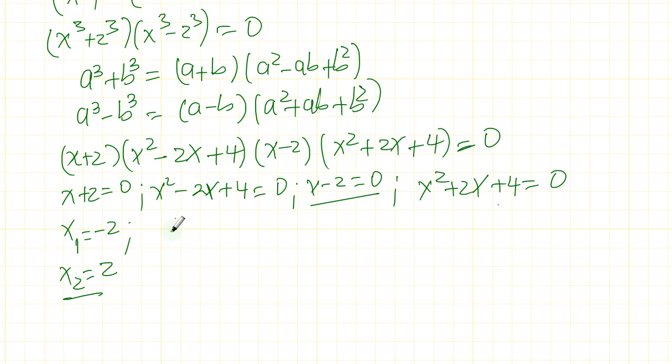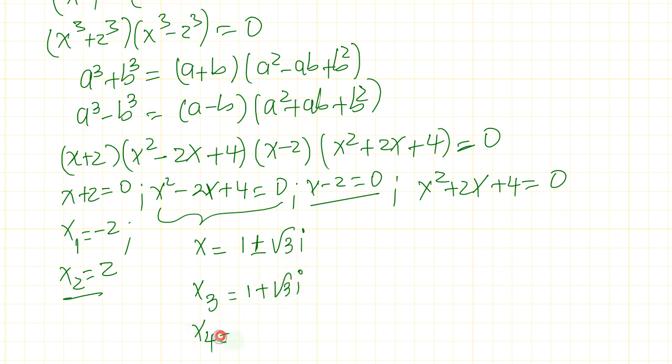To solve this one here, just to save some time, this equation has solution x equals 1 plus or minus square root of 3i. So we're going to have then x3 equals 1 plus square root of 3i, and x4 is equal 1 minus square root of 3i.